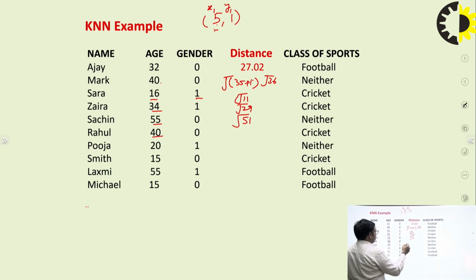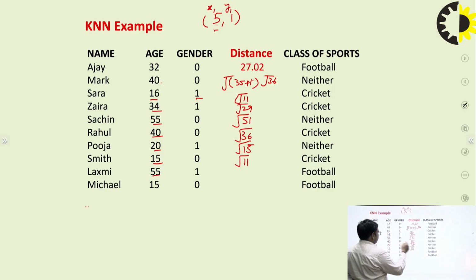In this case, 35 and 1, 36. In this case, 20 minus 5, 15. 15 and 1 minus 0, 15 under root. This would be 10 and 1, that is 11, under root 11.